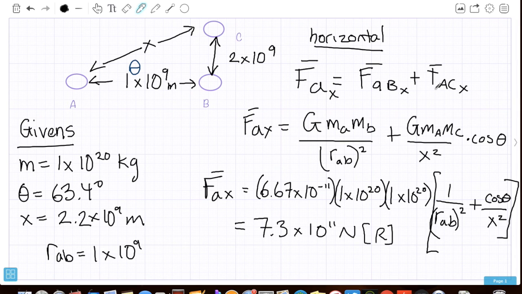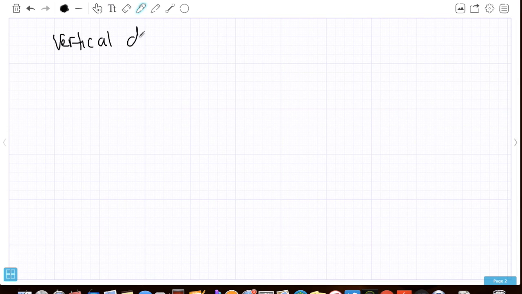We're just going to have FAC subscript Y because that is going to be C's contribution. So let's write that here in the vertical direction. We have FA subscript Y is equal to FAC Y.